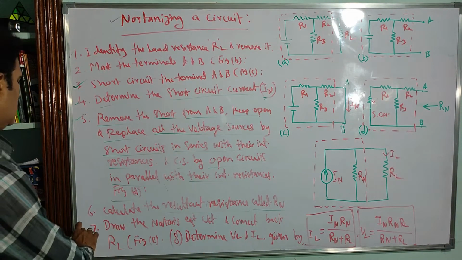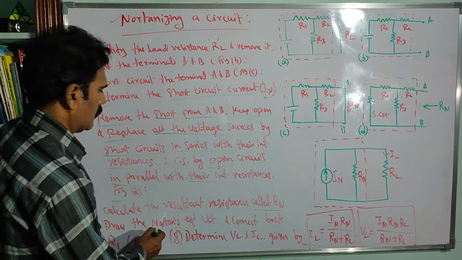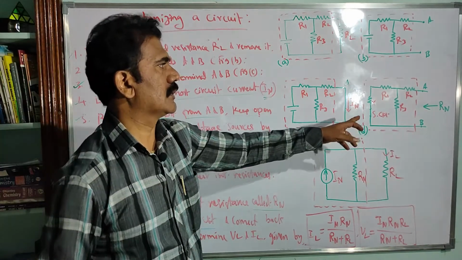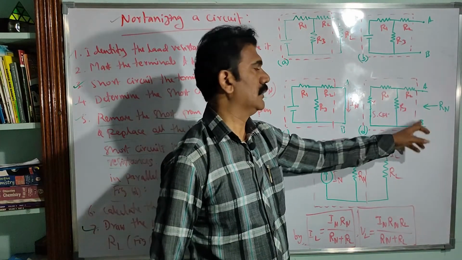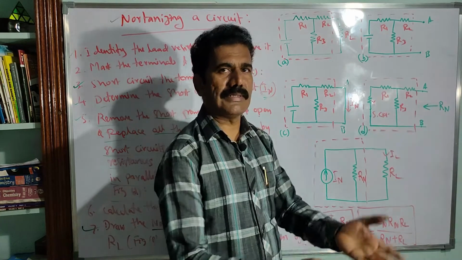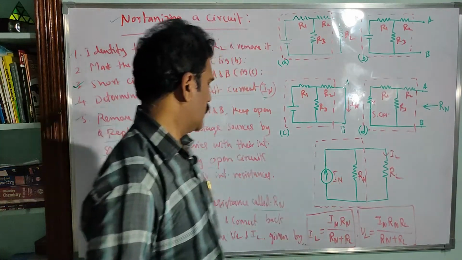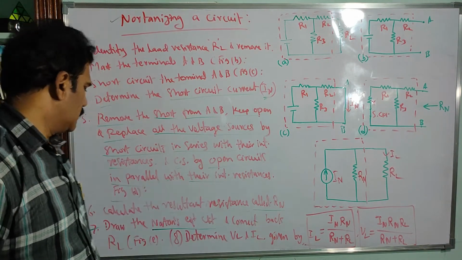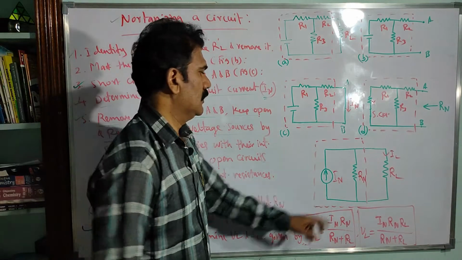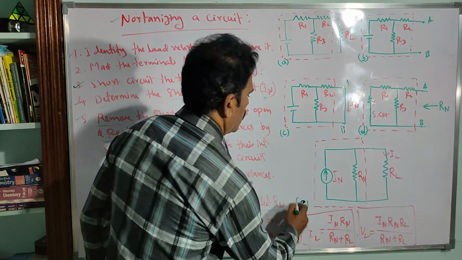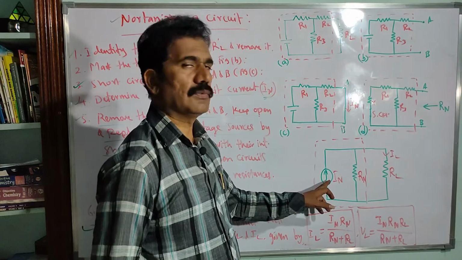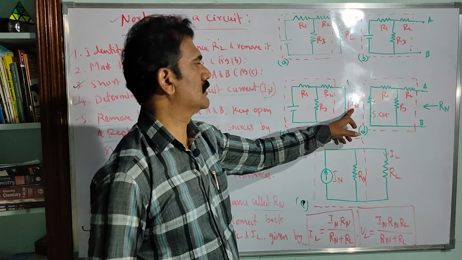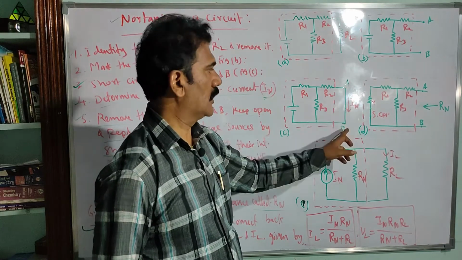Then draw the Norton's equivalent circuit, because now we already know the current through A and B and the Norton's resistance across the terminals A and B. Using these two values we can design the simplified network. Draw the Norton's equivalent circuit and connect back the RL. In the last figure E, you can see the current source, in which the current is adjusted equal to the IN you measured across A and B through the short circuit.